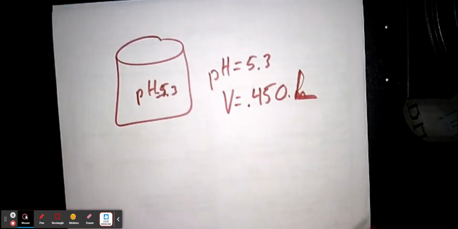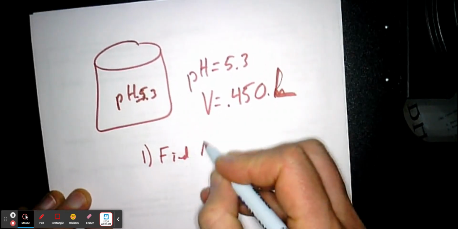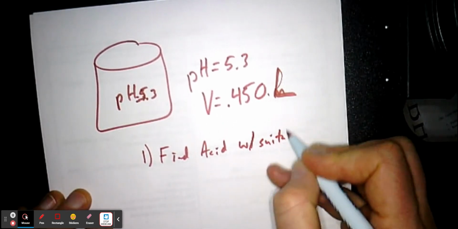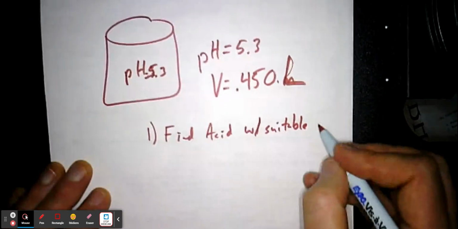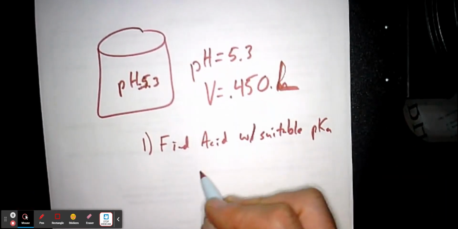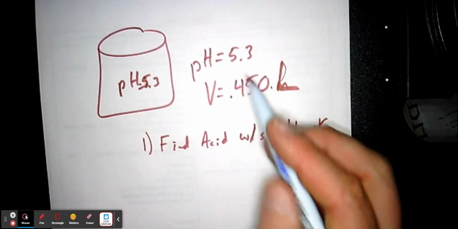Okay? How do I make it? All right, now the first thing you need to do, this is acidic, so I need to find an acid. Find an acid with suitable pKa value, and you really want a pKa to be close to this value, all right?